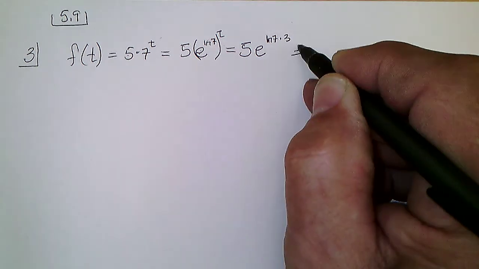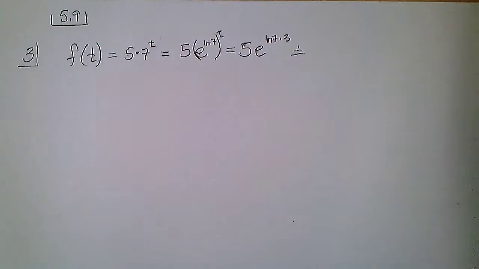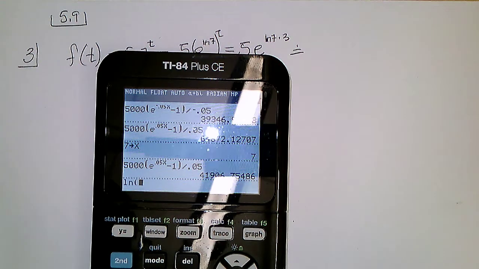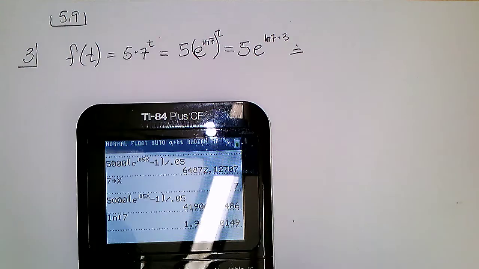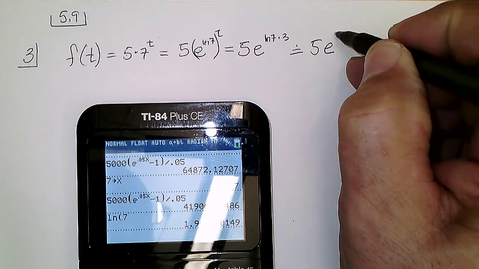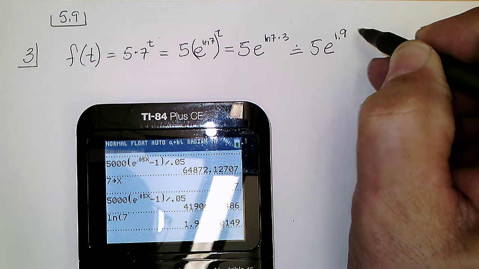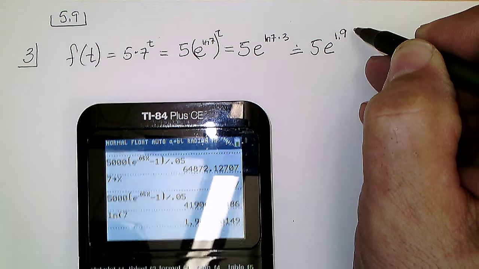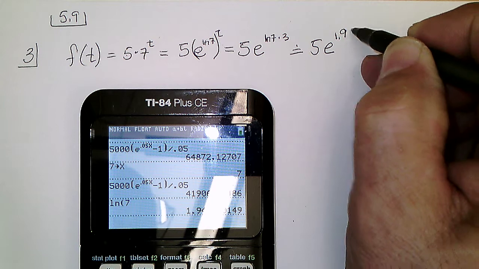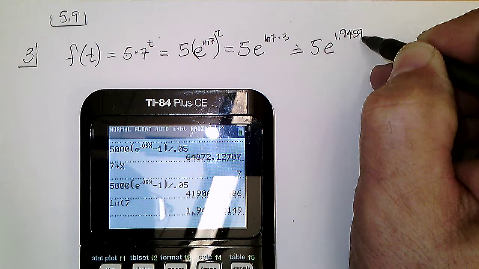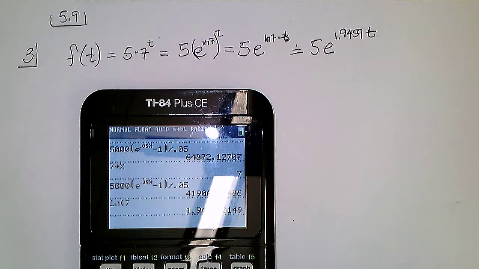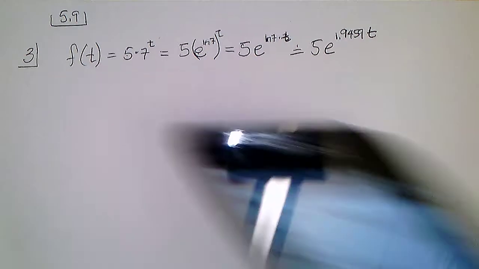Or if I want the approximation, I can calculate ln 7 and write it as 5e to the 1.9459t. Okay, that's all I wanted you to do.